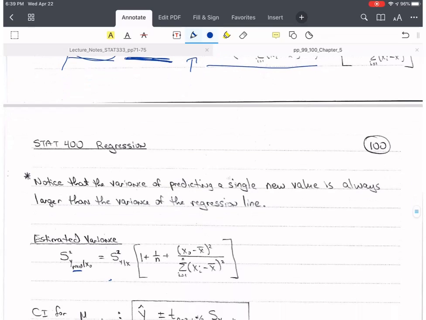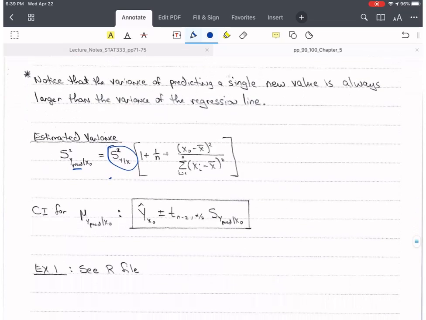We estimate this by plugging in the estimate for sigma squared here. All right, and so then our confidence interval becomes y hat sub x naught plus or minus t with the degrees of freedom for error, n minus 2, times S sub y pred given x naught.